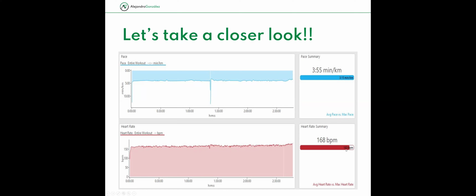The maximum heart rate was 183, but the average was around 168. And the maximum pace was 3 minutes 15 seconds, but the average pace for all the race was 3 minutes 55 seconds.